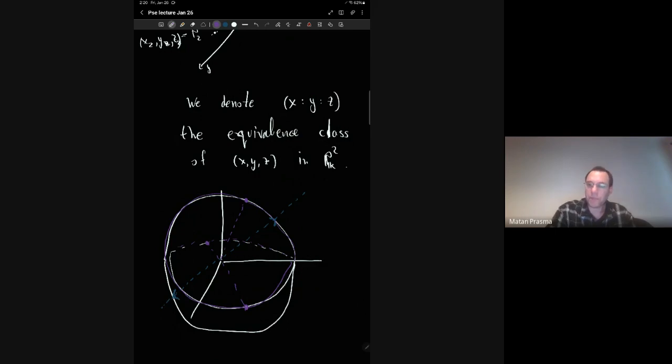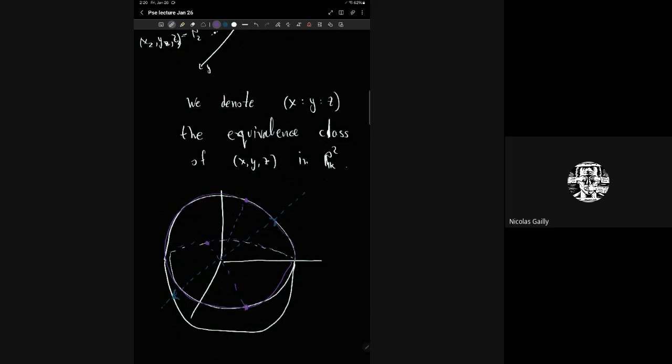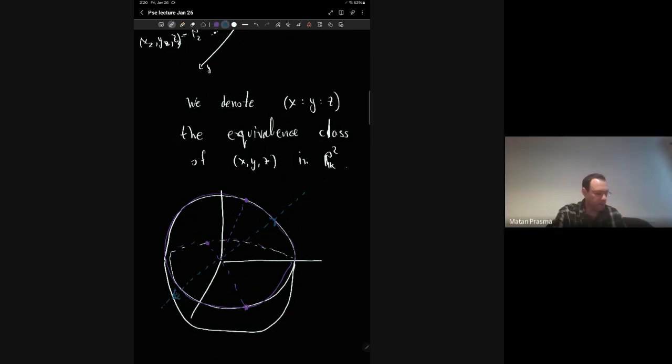Yes. I'm sorry, I'm not sure I understand. Why do you take only the upper half? So why do you not need to take the opposite points when z is not equal to 0? Because this point is equivalent to this point.